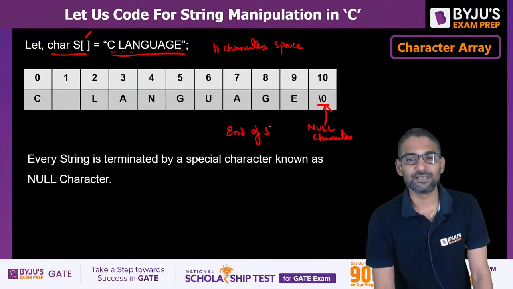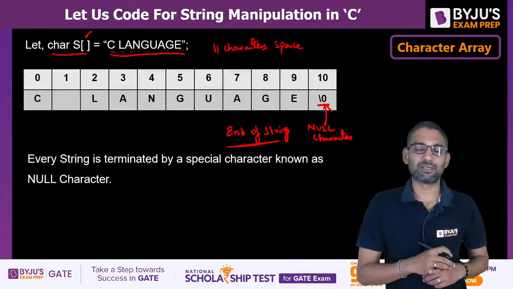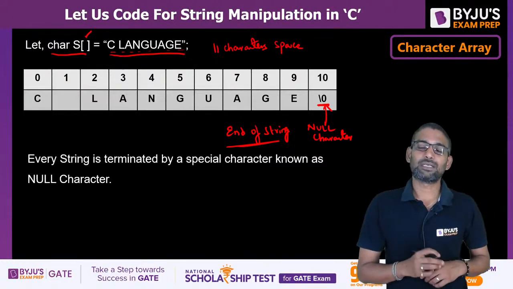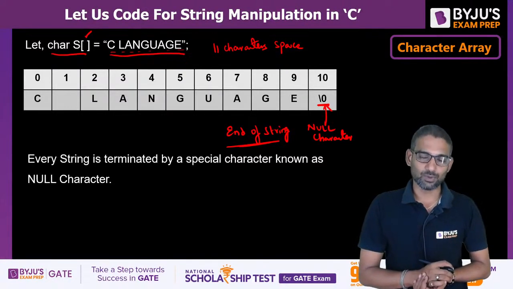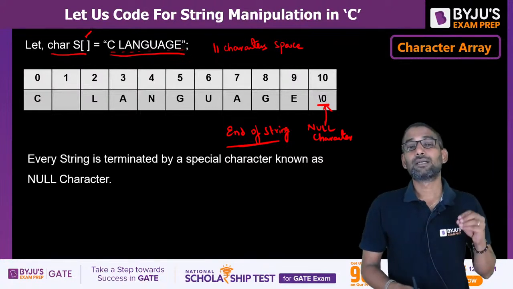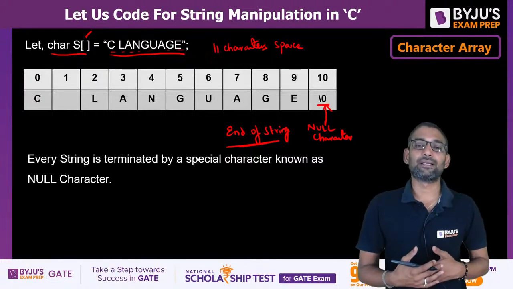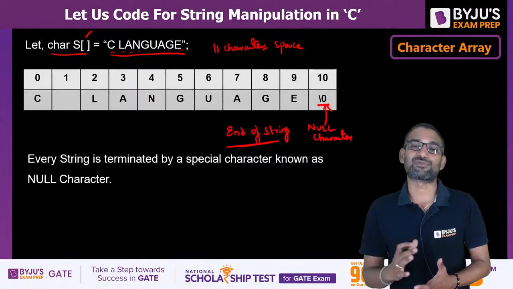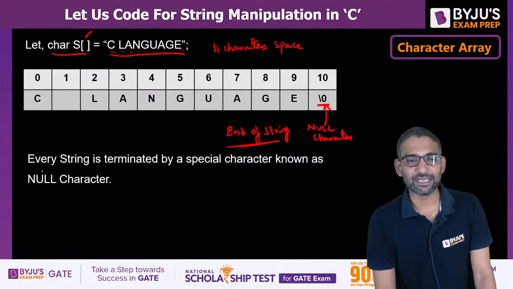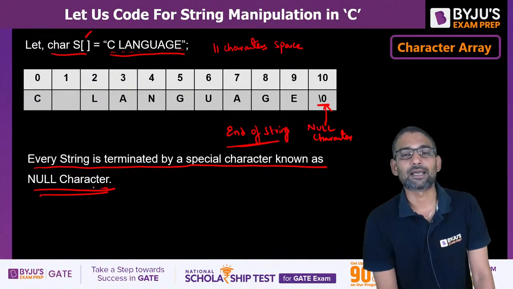Generally in our English language, end of any statement we use the full stop, dot symbol we use, right? But dot is also considered as character. So to indicate the end of the string, null character is appended by the compiler automatically at the end of every string. So every string is terminated by a special character known as null character.